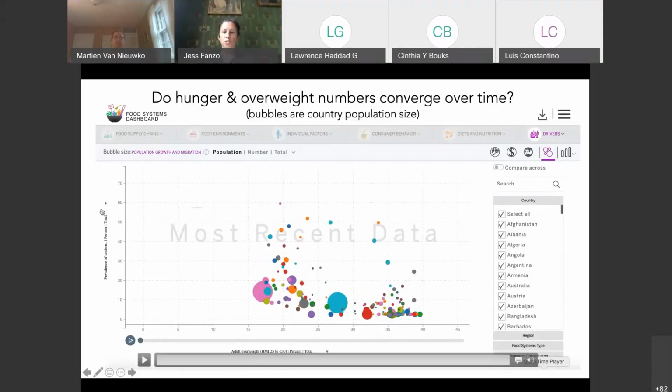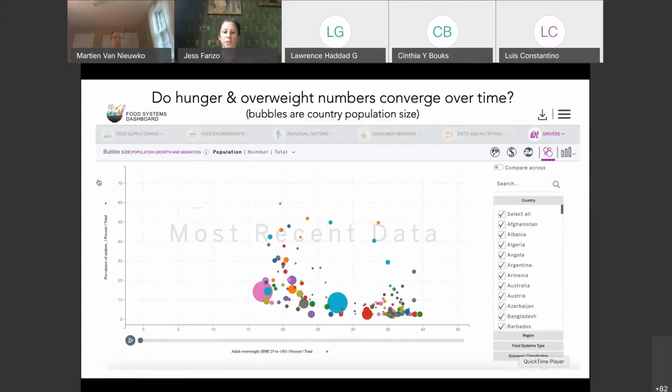So you can do this really in many different ways across different indicators, showing you not only how these indicators change over time, but the impact at the country level by looking at the bubble sizes, which shows population size.